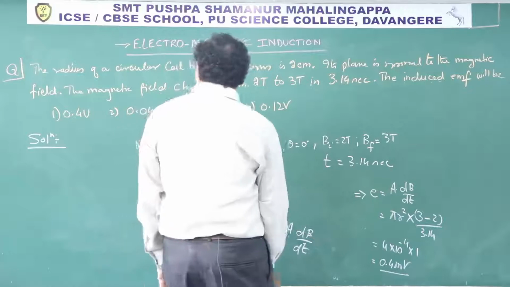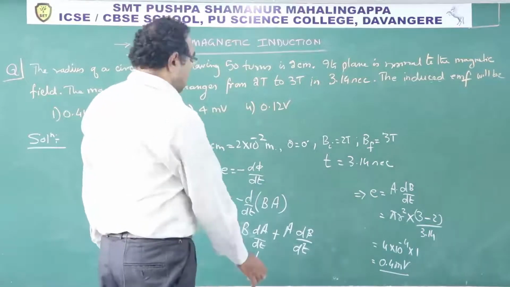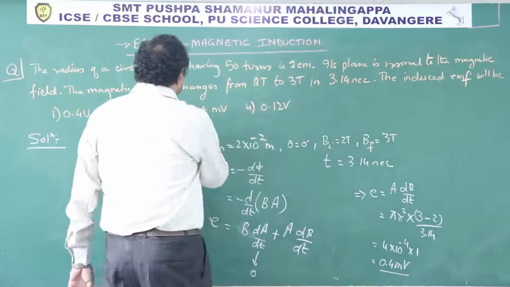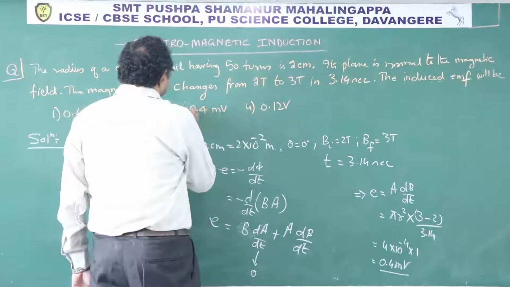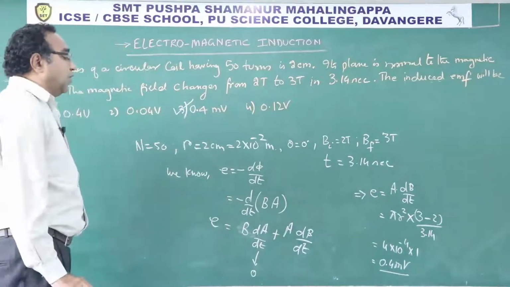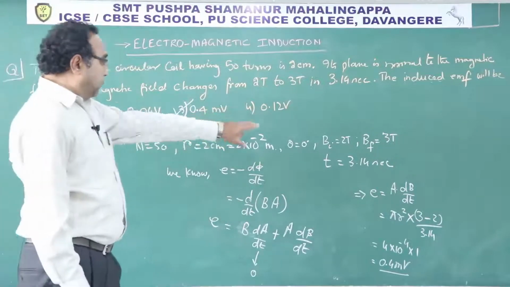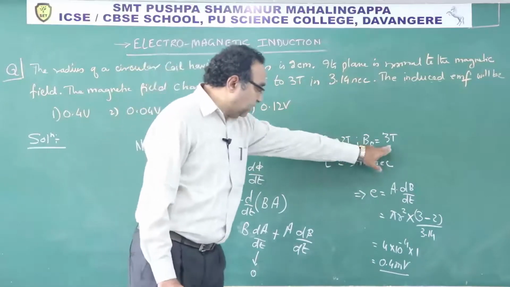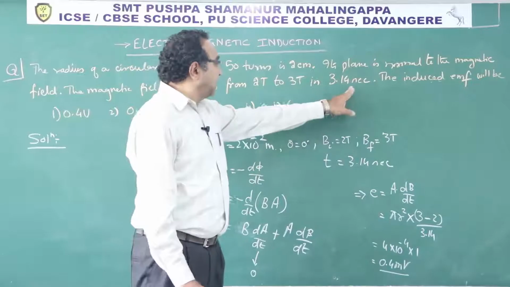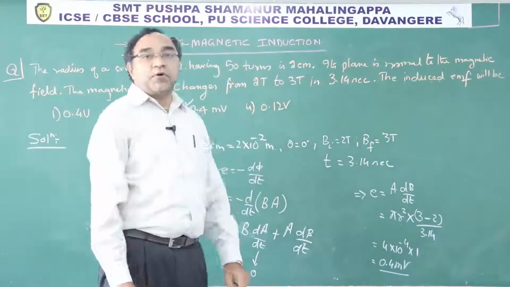So that is exactly how we can find out, so our answer is third choice. See here, students, dB is what? 3 minus 2, and time is given 3.14.